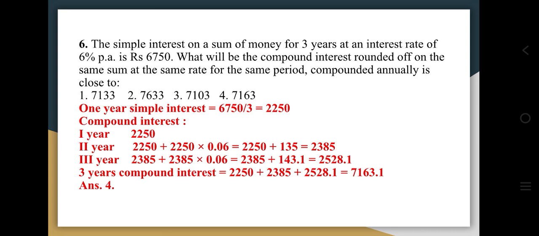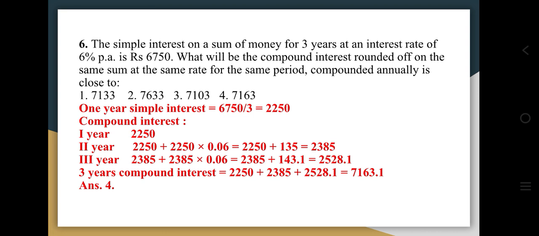So we get 2,385 plus 143.1, that is 2,528.1.